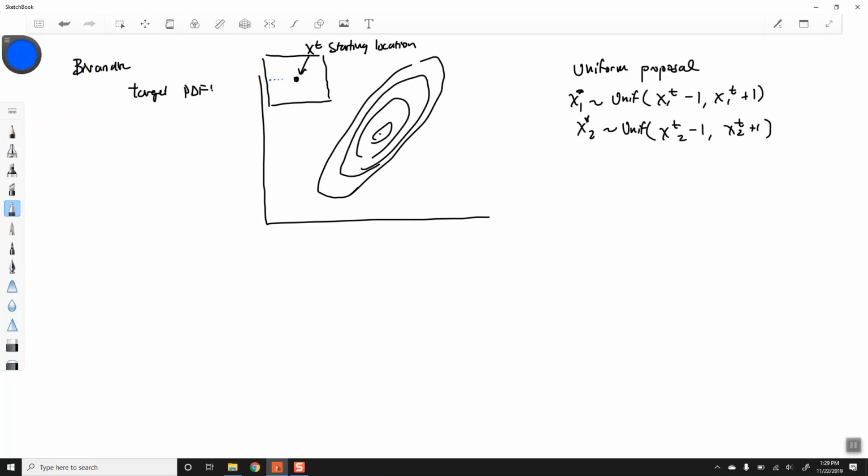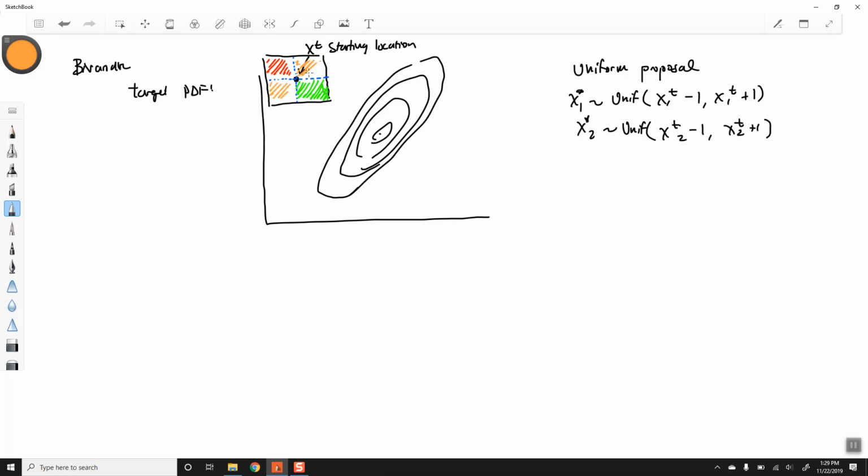So I can divide this into like 4 quadrants, all right? And anything over here will get accepted with 100%, and then everything else probably will be rejected, and some is something in between.